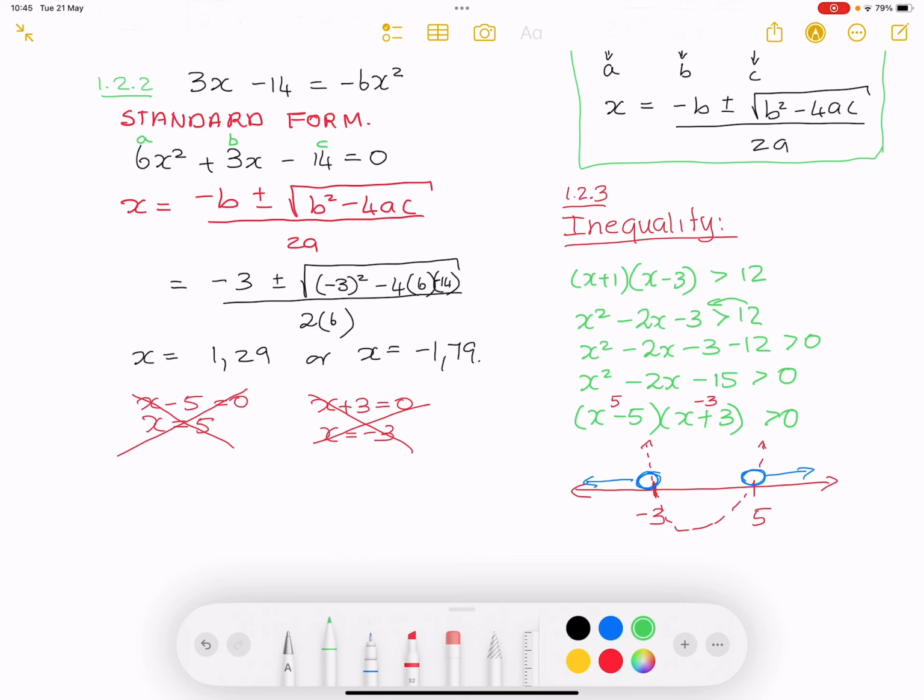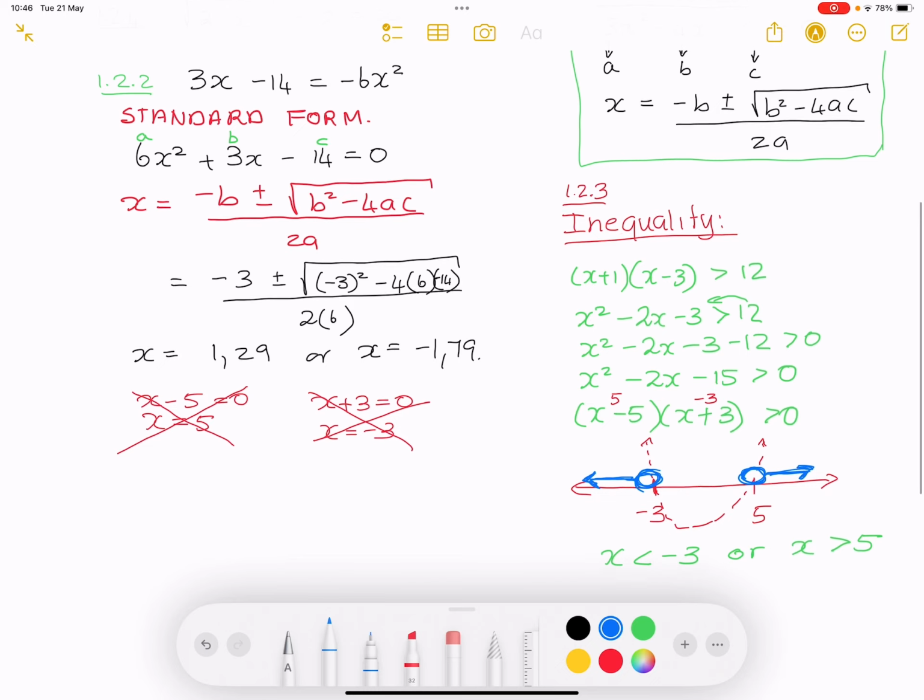You write it's to the left, so x is less than negative 3 or x is greater than 5. Remember, when it's greater than, the answers always go to the outside. And there's no equal to sign, so there will be open circles and not closed dots.